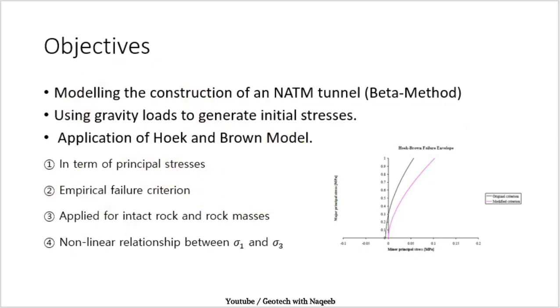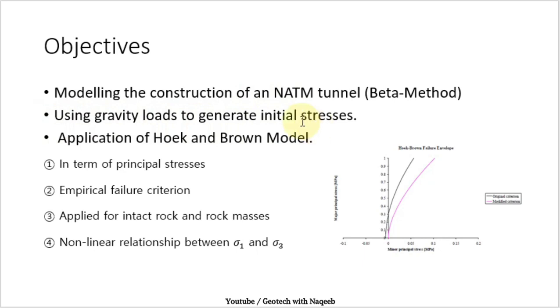What is the objective of modeling this? Modeling the construction of an NATM tunnel by the sequential method is explained in this video, using gravity loads to generate initial stresses. Gravity loads are used when there are non-homogeneous soil layers, when the soil layers are not completely horizontal.